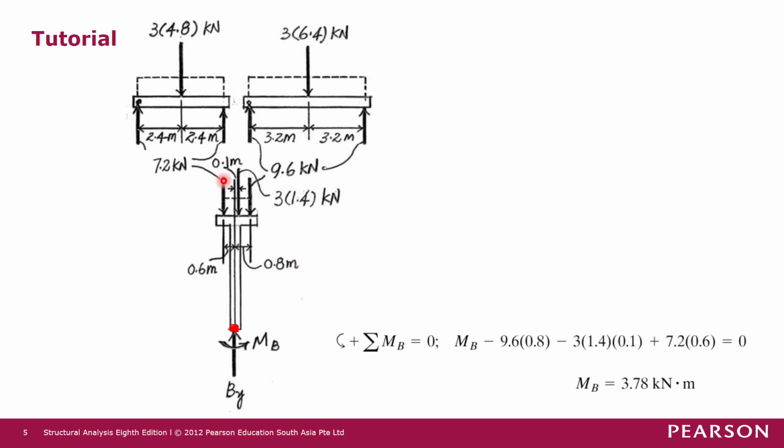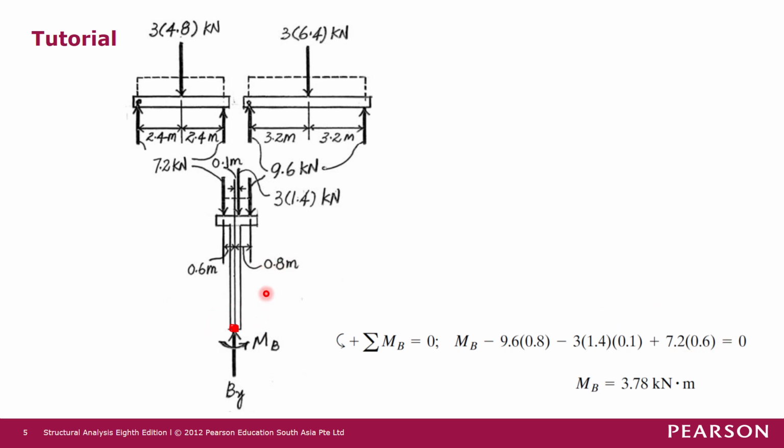And then the next force that we look at is this 7.2 kilonewton force, which has a moment arm of 0.6 meters to joint B. So this force will produce an anti-clockwise moment about joint B. So anti-clockwise moment is positive, 7.2 times the moment arm of 0.6 meters.